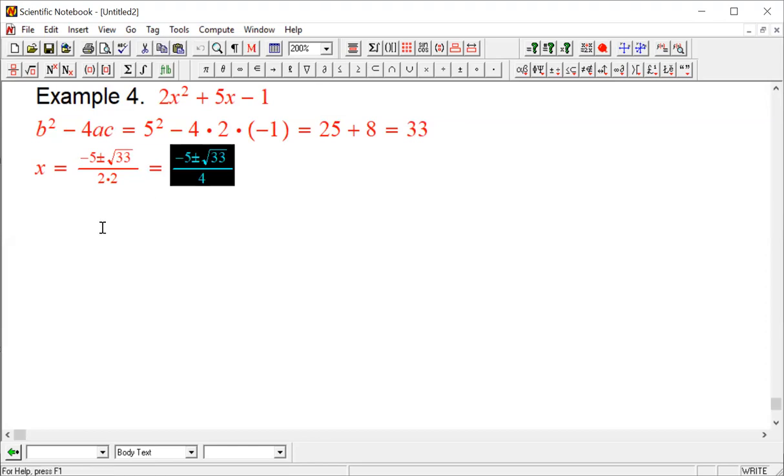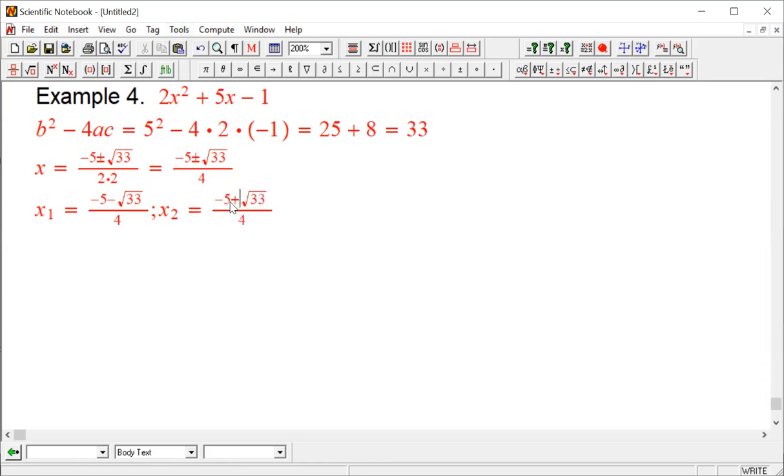So x sub 1 equals that root, where we use the negative sign. And x sub 2 is going to be the other root, where we choose the positive sign.